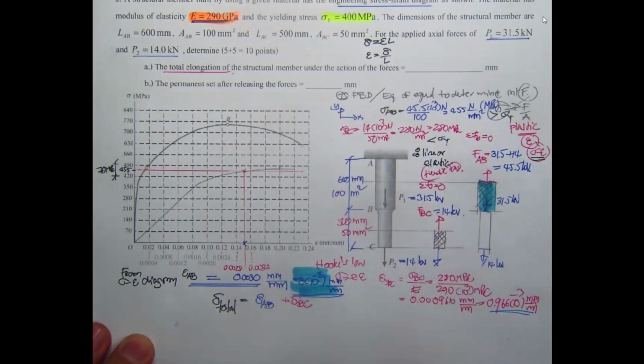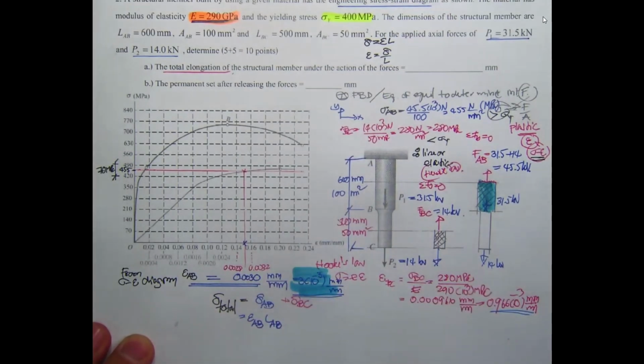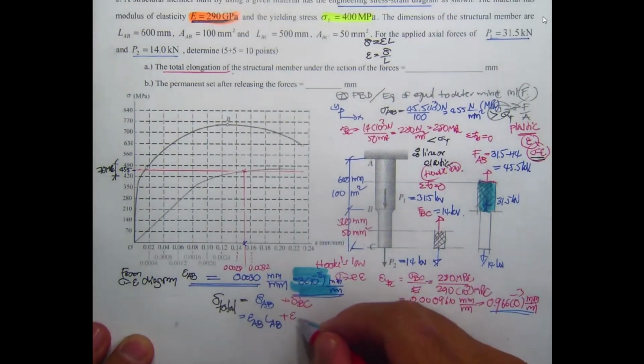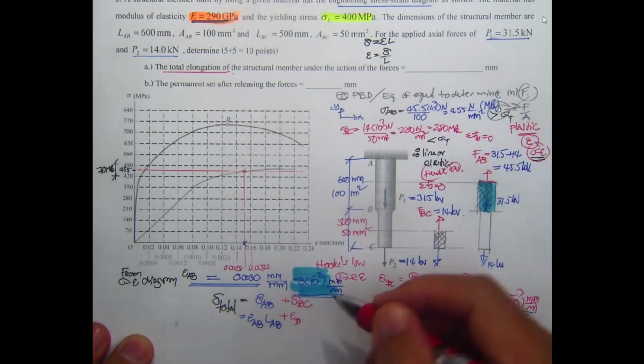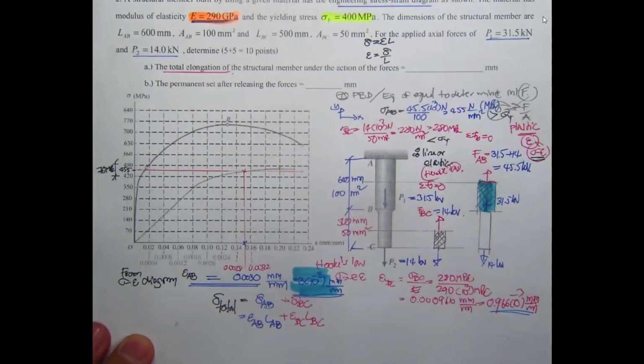that's going to be equal to the deformation of AB plus the deformation of BC. You may say this is strain AB times L sub AB plus strain BC times L sub BC.